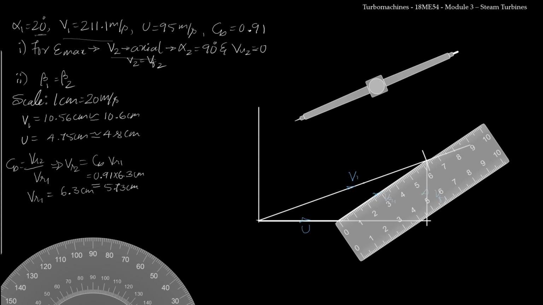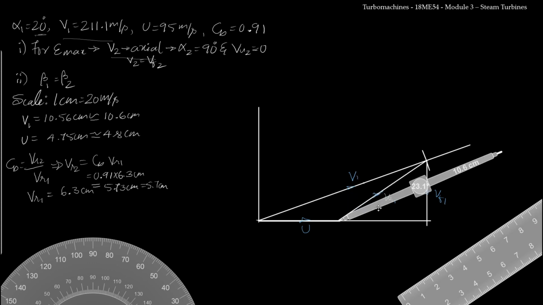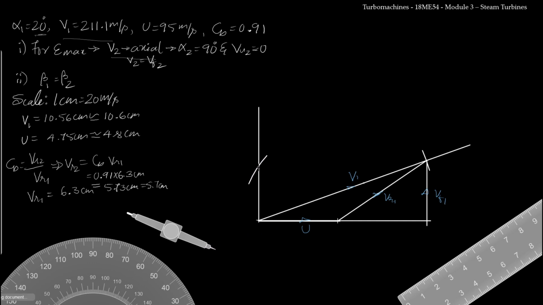So I can approximate that as 5.7 centimeter. Now I will take the compass, I will place it over here, and I will reduce the length to 5.7 centimeters. Now I need to cut an arc here. So where this arc cuts the vertical line, that is VR2 line, from that point I will join U. So now this completes the construction of the outlet velocity triangle. Now let us name the parts.